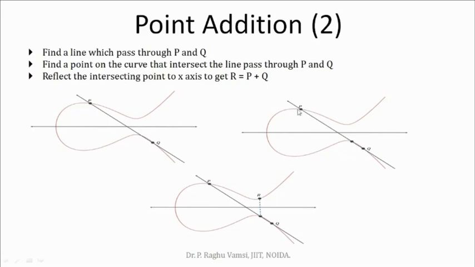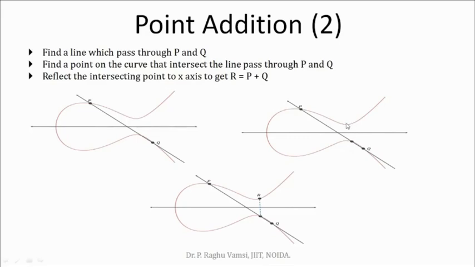So the addition of P and Q will be the mirror image of the common intersection point of the line which is passing through P and Q. Mirror image means this is the point, its mirror image will be here.